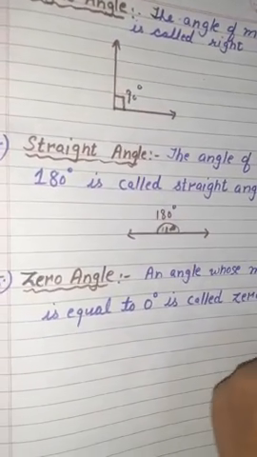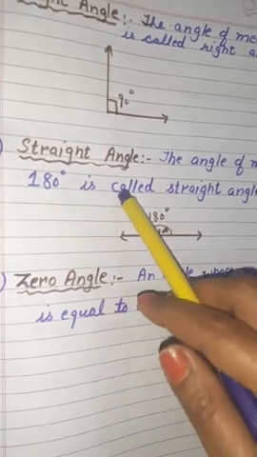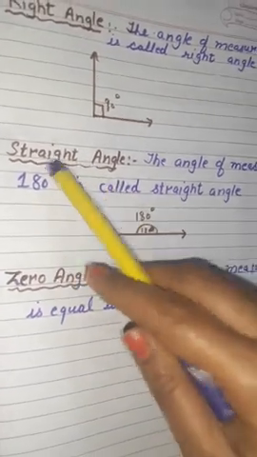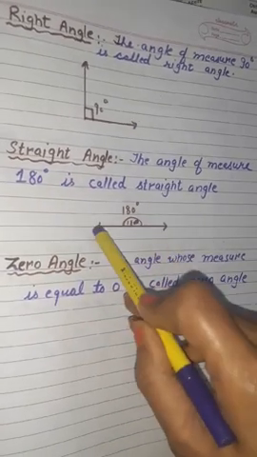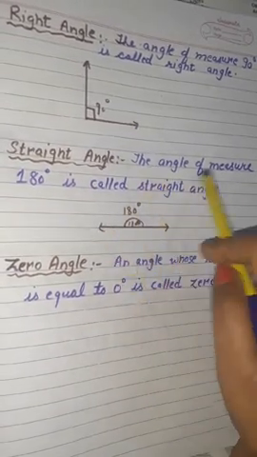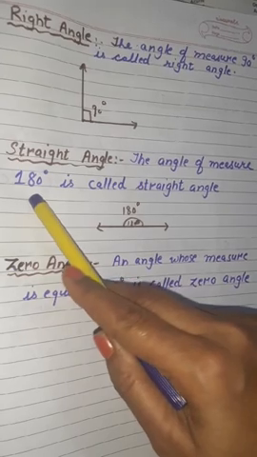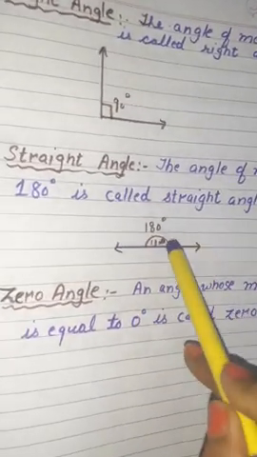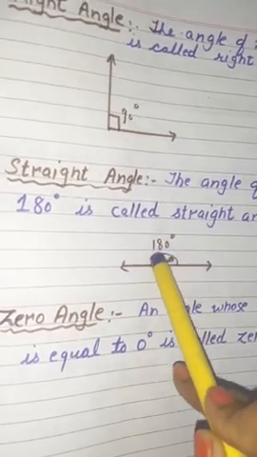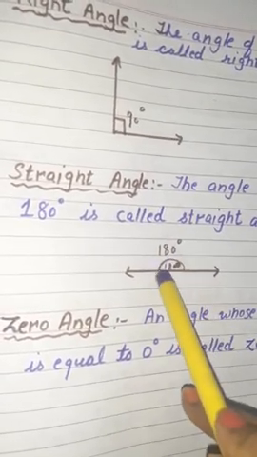Now the next one is your straight angle. As the name shows, it is straight, just like a line. The angle of measure 180 degree is called a straight angle. Whenever there is a straight line, that line is always making an angle of 180 degree.